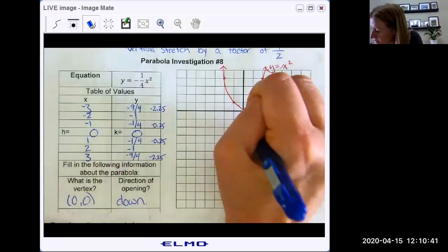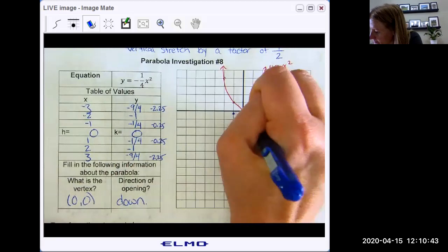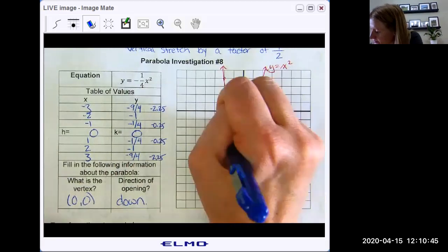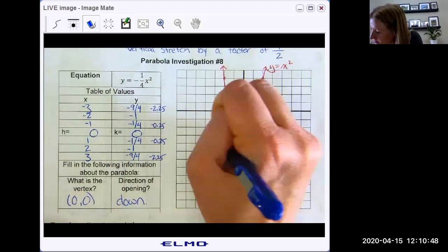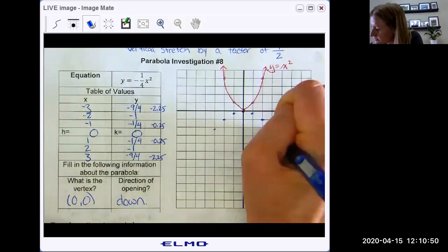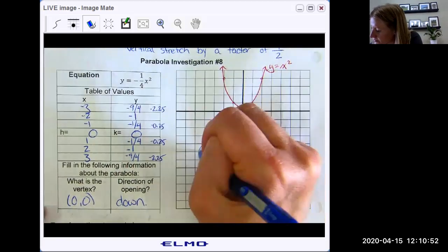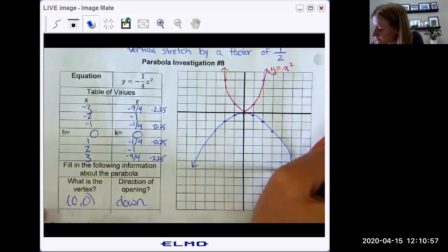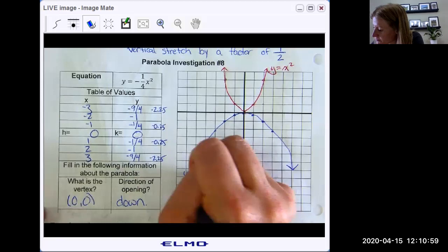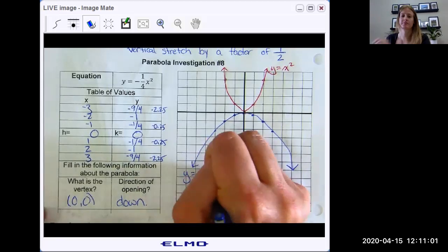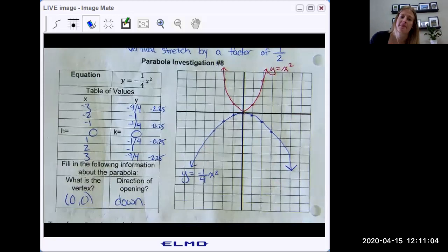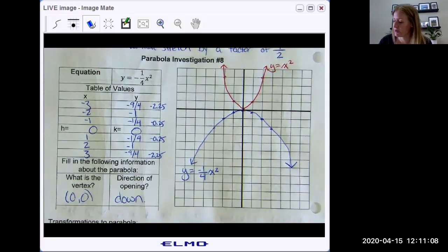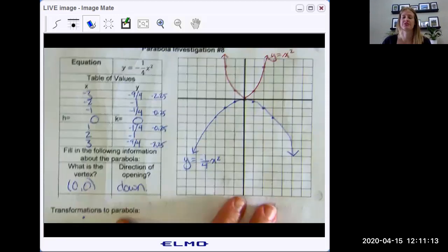Going by quarters this time. Once you've got it, you have two transformations to describe for this parabola. See what you can get.